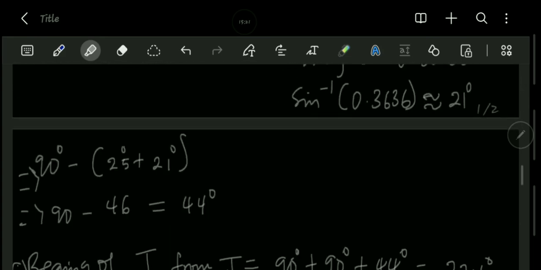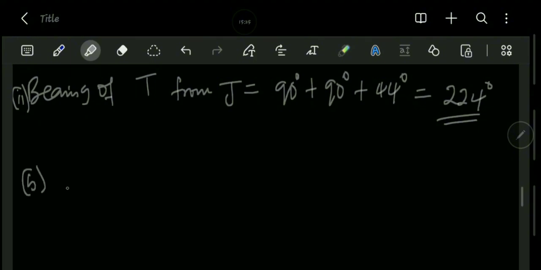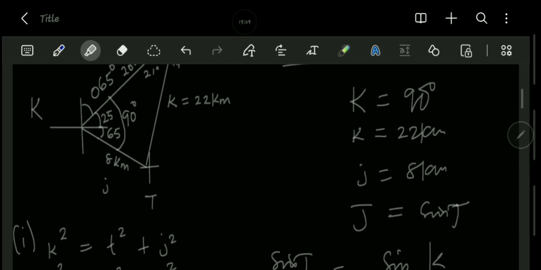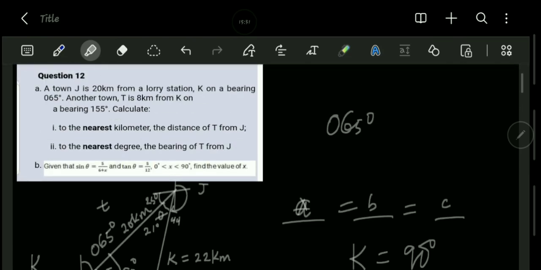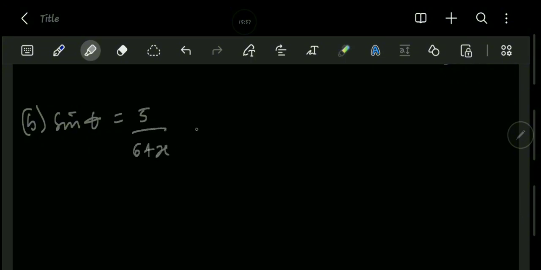So for question B, I'm told that sine theta, I wasn't given the angle, is given as 5 over 6 plus x, and tan theta is also given as 5 over 12.